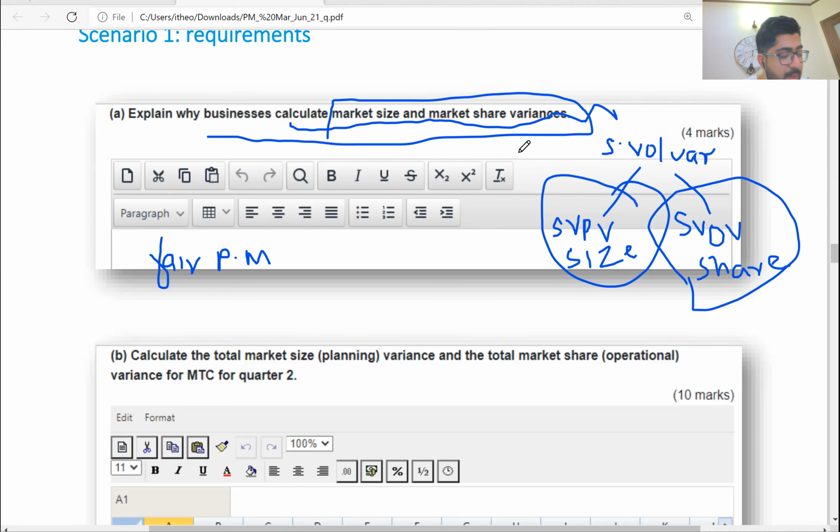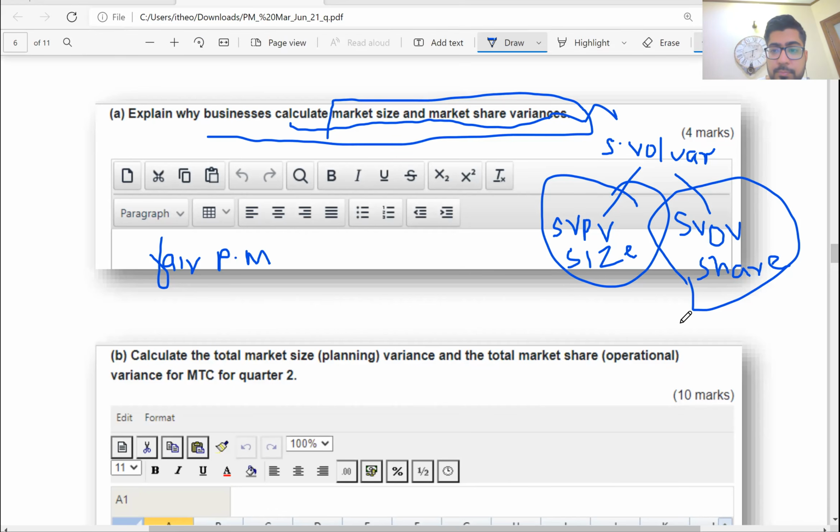Businesses calculate planning and operational variances just to split variances into controllable and uncontrollable factors.